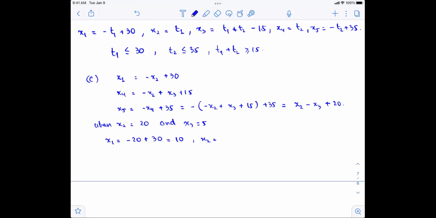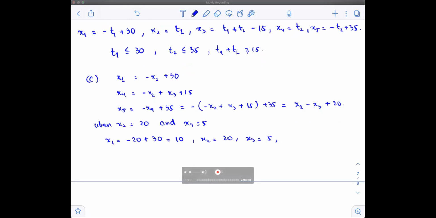Of course, x2 is equal to 20 and x3 is equal to 5. Then we can do x4 to be negative 20 plus 5 plus 15 is equal to 0, and x5 is going to be 20 minus 5 plus 20 is equal to 35.